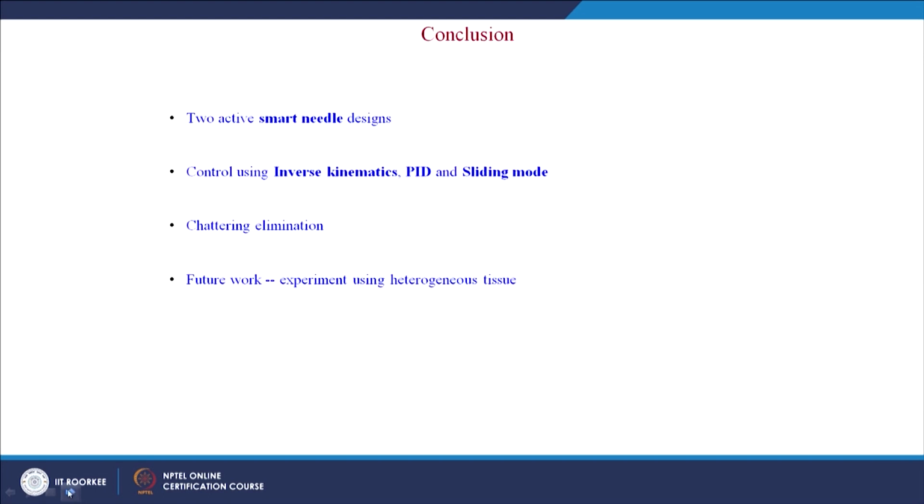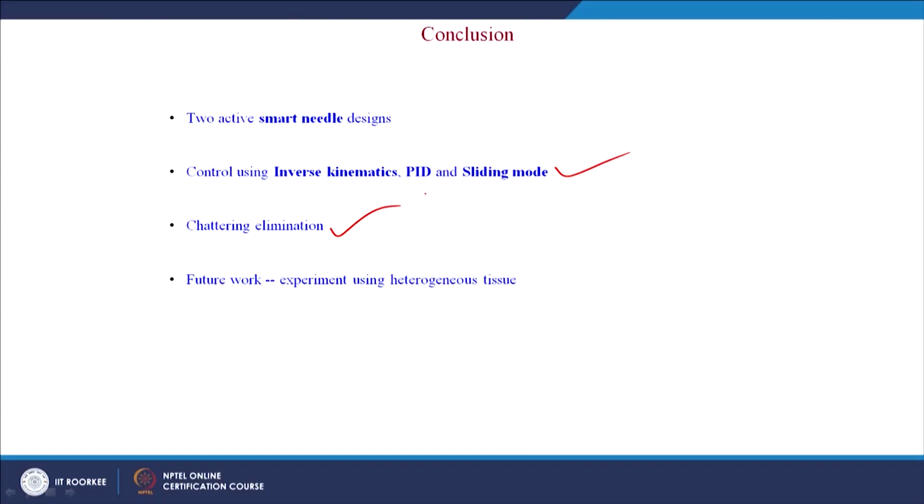And coming to the conclusion, we have seen in this lecture two active needle designs, and we have performed the control of the designed needles using an inverse kinematics control strategy, that is CLIK, the PID controller, and then the robust sliding mode controller.